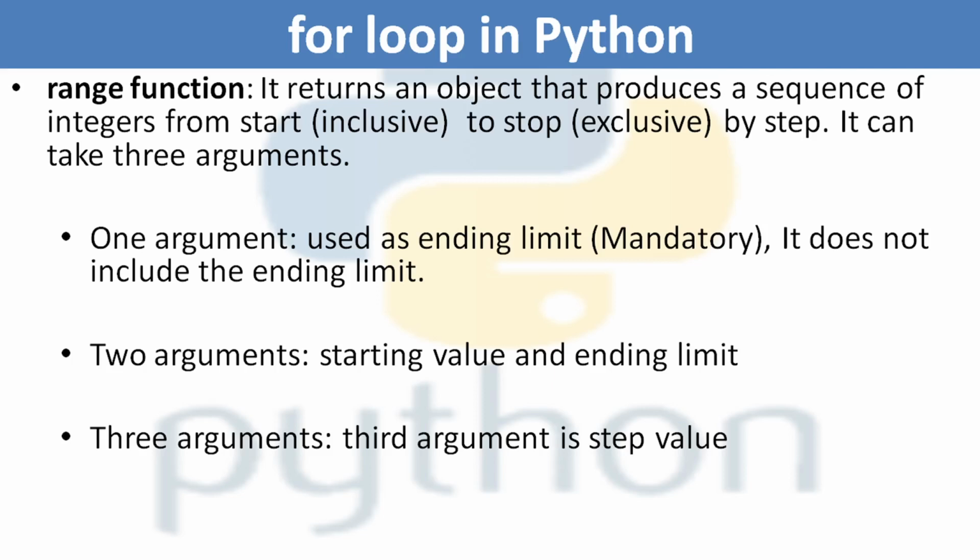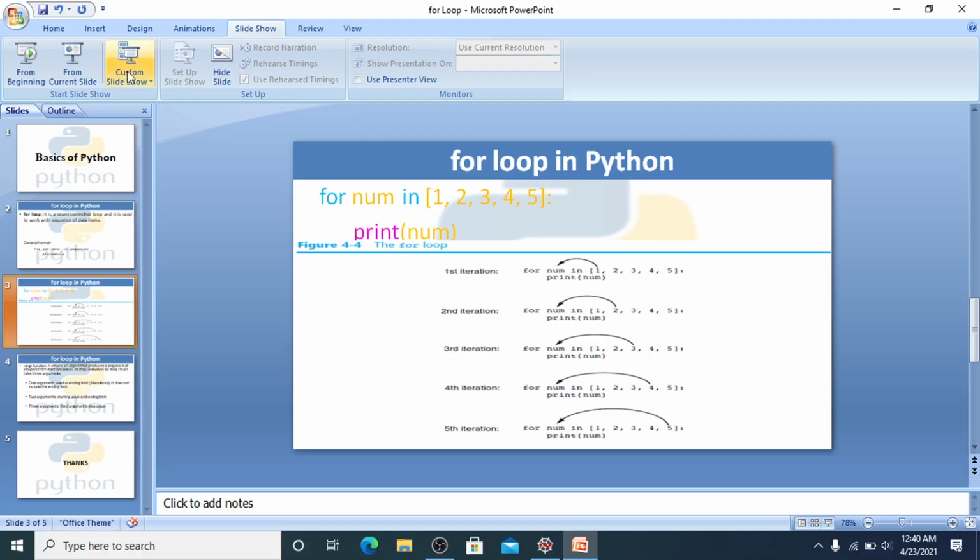Two arguments, start value and ending value. So here it will use 1 for step. And three arguments: the first argument is start value, second argument is end limit, and the third argument is step value. So let us take it on our IDE, how it works.